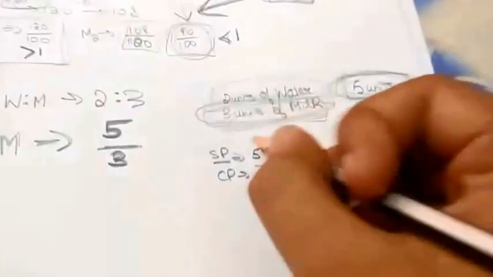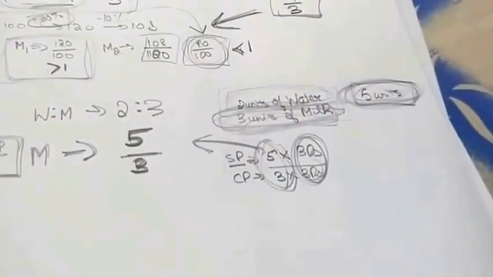Because right here I'm saying there's no markup, we get this 5 by 3. And if you don't exactly talk about the liters and the rupees, you just say that there's no markup, so this milk is 1, these 5 units are 1, this water is 0. So the denominator would have CP as 3, and SP, the numerator, would be 5.